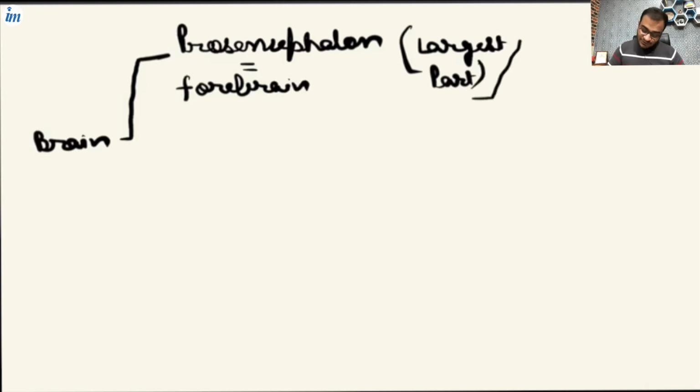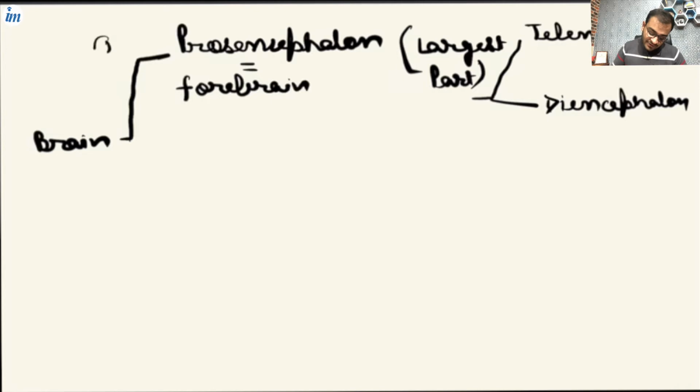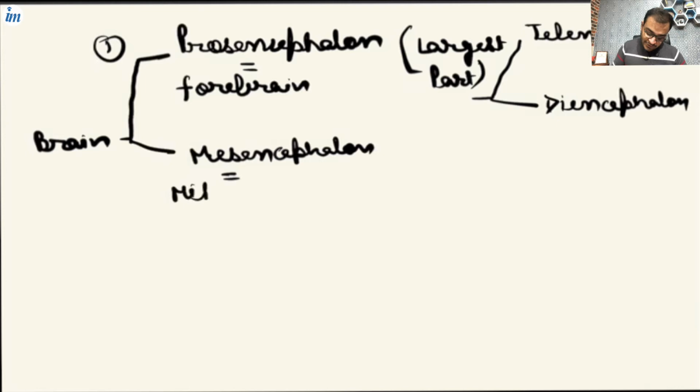This forebrain is also divided into the telencephalon and diencephalon. So the first part of the brain is the prosencephalon, and the second part is the mesencephalon, which is also known as our midbrain.